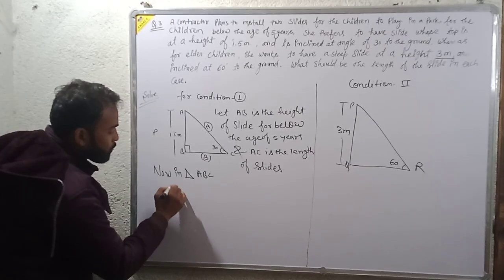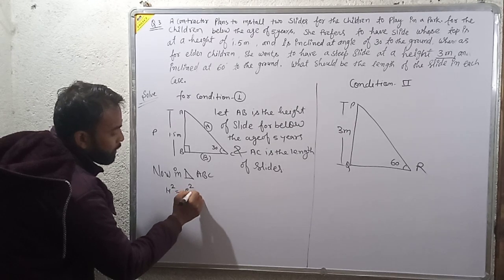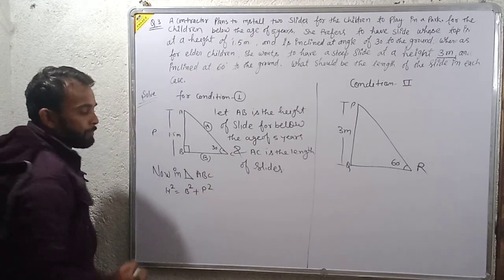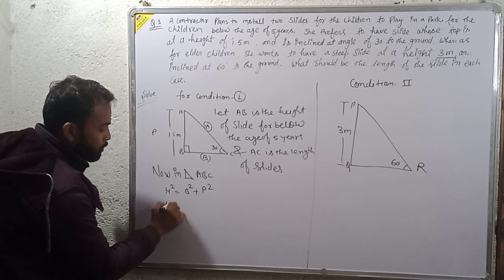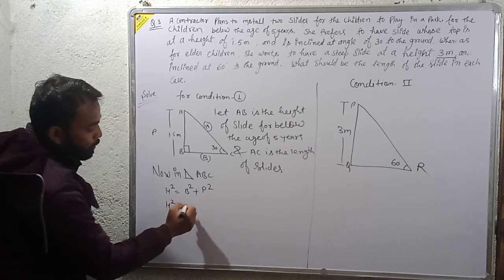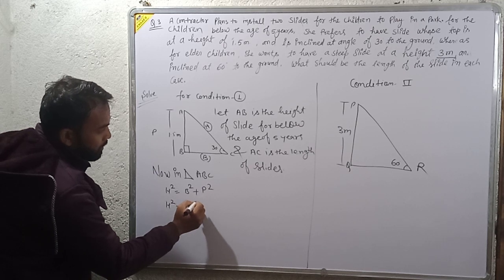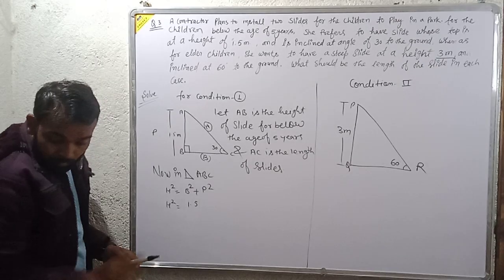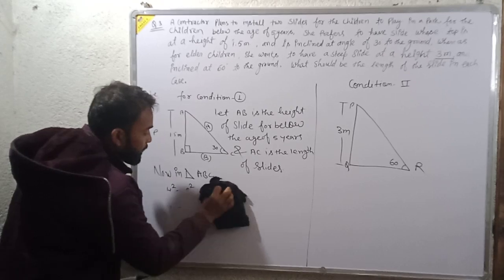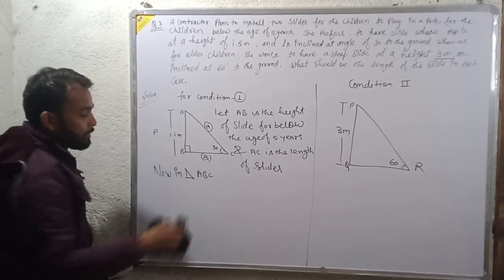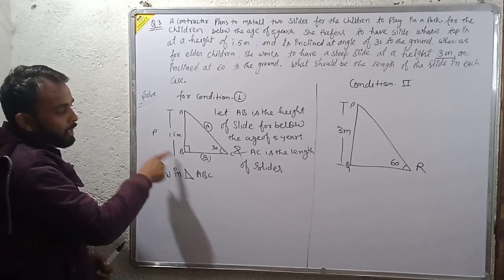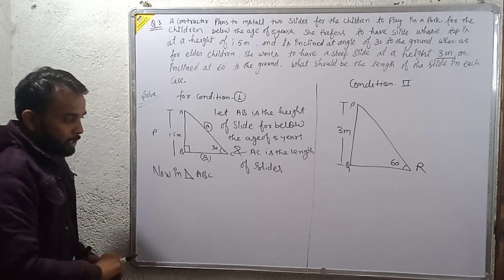Now in right angle triangle ABC, we could use the Pythagoras theorem, that is, hypotenuse square is equal to base square plus perpendicular square. Here, this is the perpendicular, this is the base, and this is the hypotenuse.